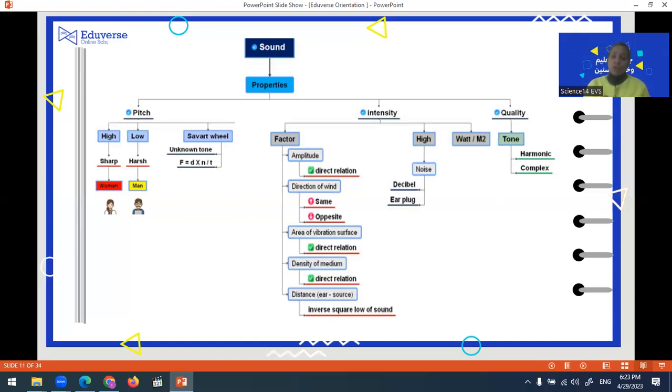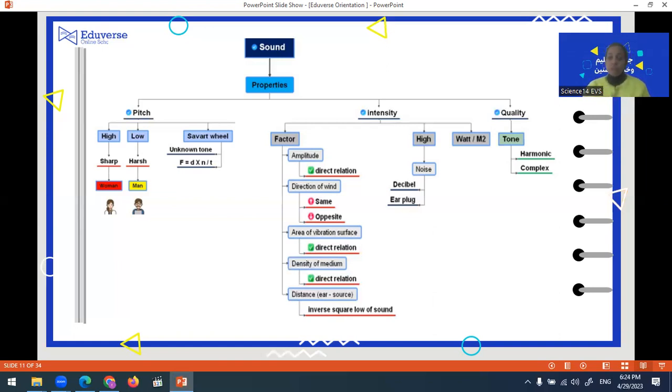The complex tone is composed of two tones, the fundamental, the basic tone, plus the harmonic tone. This harmonic tone differs from one source of sound to another. So this harmonic tone makes the sounds coming from different sound sources differ from each other.